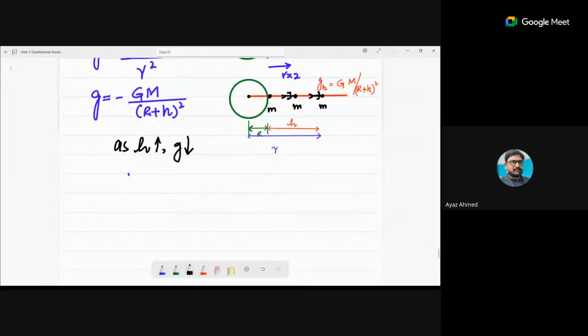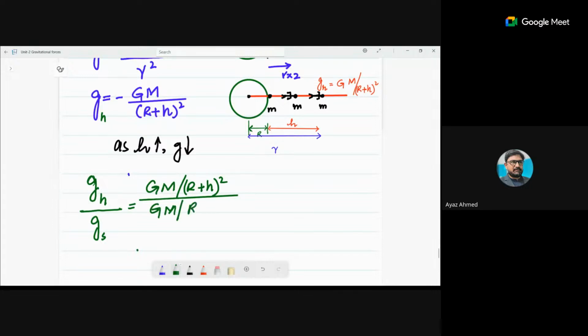But no need at all. But you have to consider one thing, that the value of g at any position above the surface of the Earth is less than at the surface. It is equal to GM divided by (R plus h) whole square, divided by GM divided by R square.